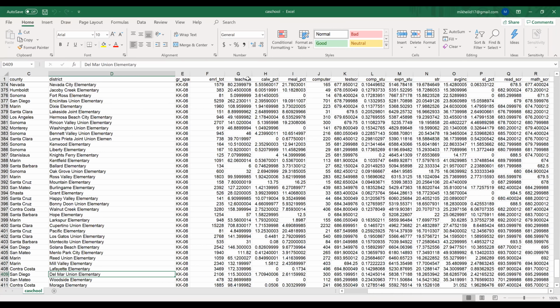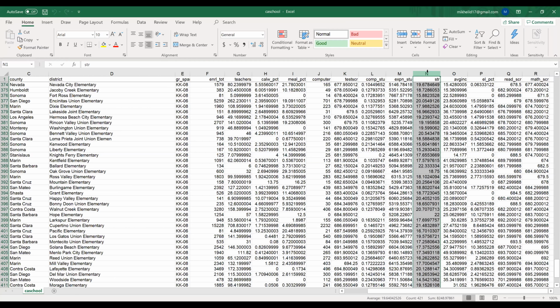So please select the following columns. Teachers, not teachers, no, disregard it. STR, test score. So click on that, and that will select the whole column, then press control if you have Windows.